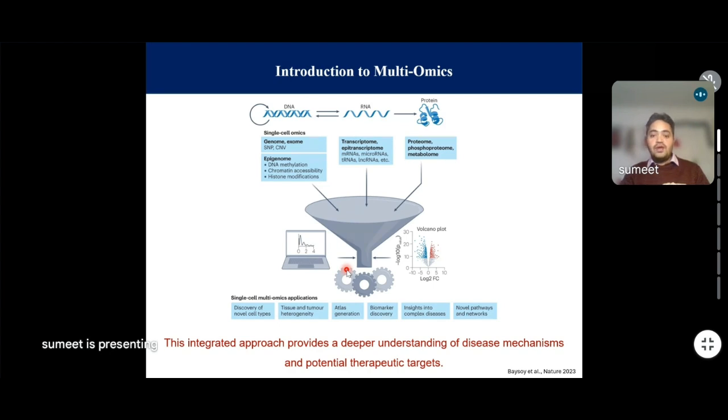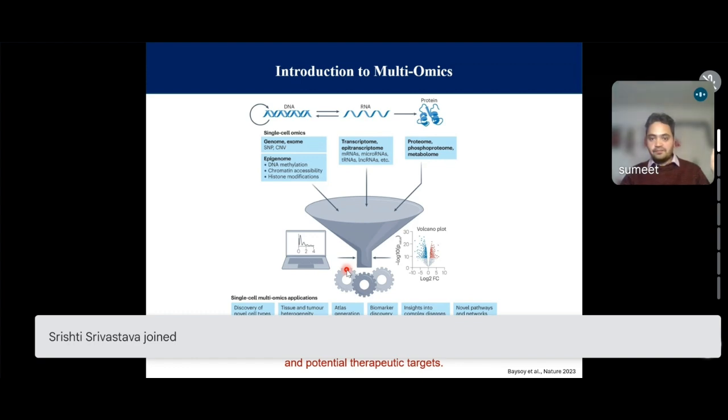Now imagine if you can do this at scale in an untargeted manner, meaning you can look at the gene expression of 30,000 genes across the genome. That is transcriptomics, meaning you are looking at the transcript, but at the whole genome level.